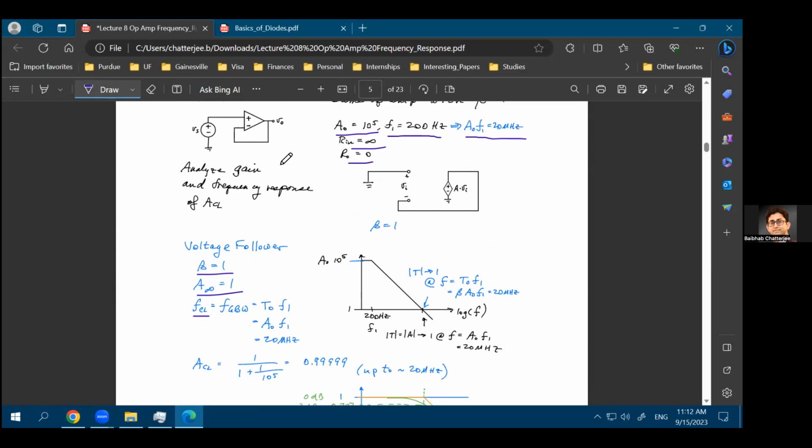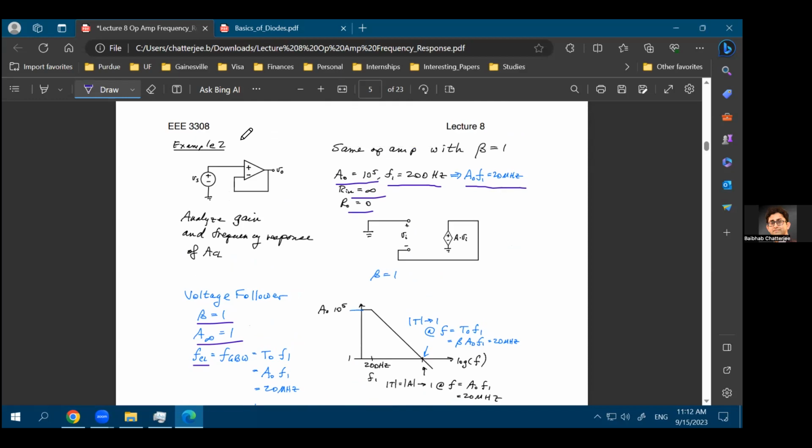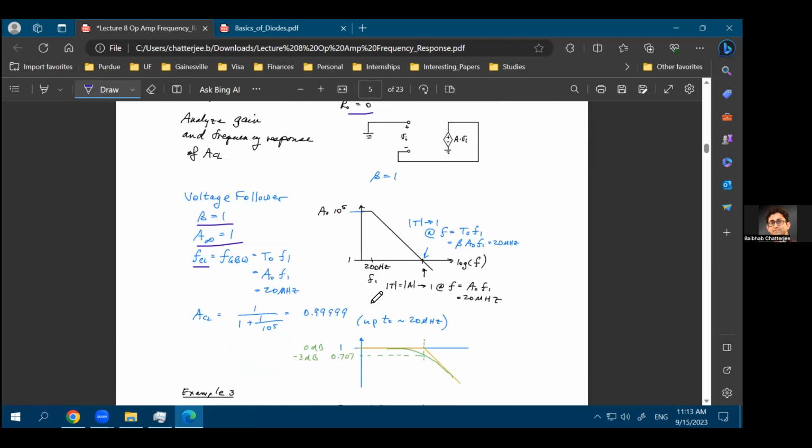So what we are saying here is that because this is in a voltage follower configuration or unity gain configuration, your beta factor is exactly equal to 1. So in this case, your closed loop gain is equal to 1.